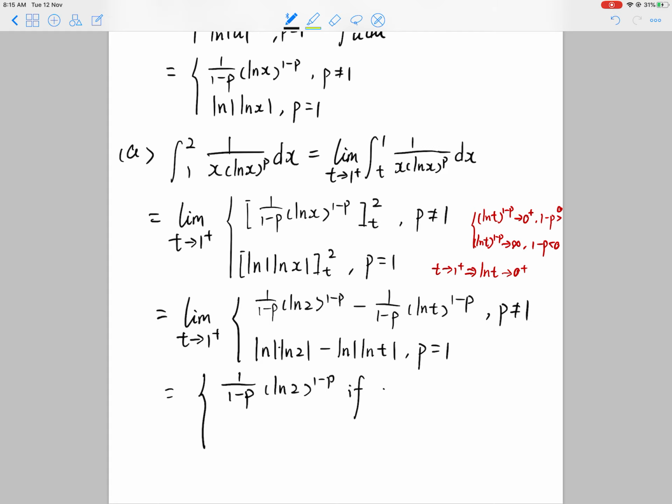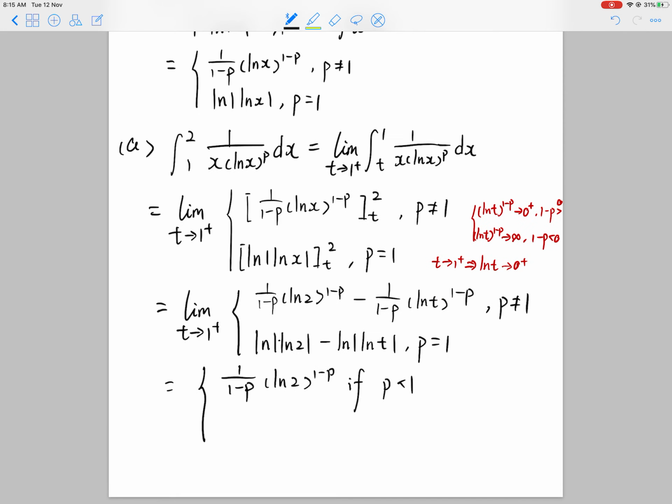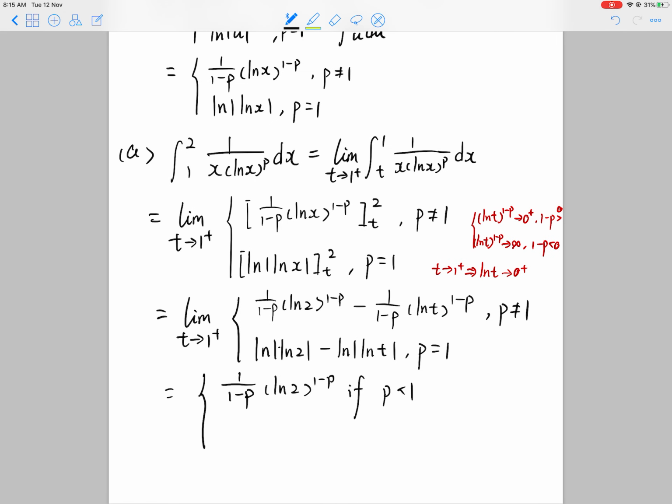And if this part is infinity, then overall, this part is negative, so overall it will be negative infinity if p is greater than 1.